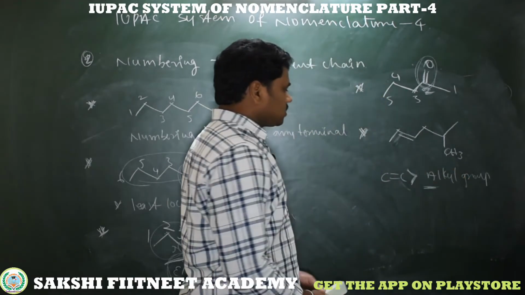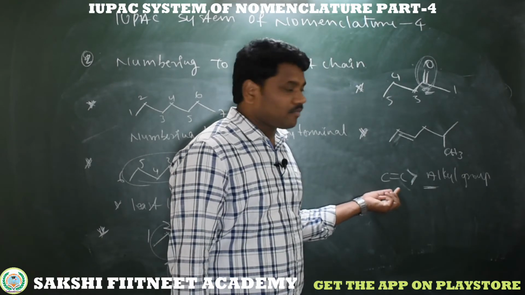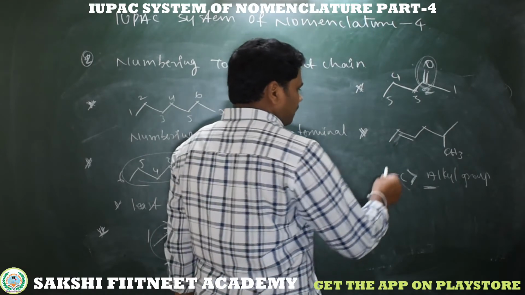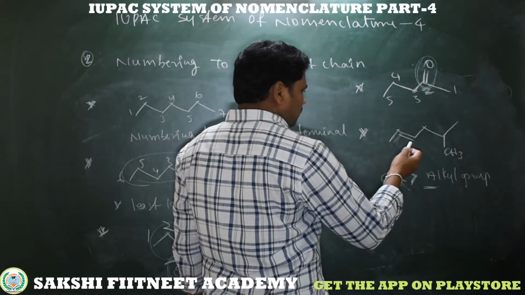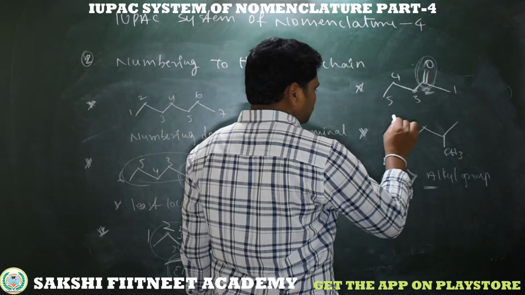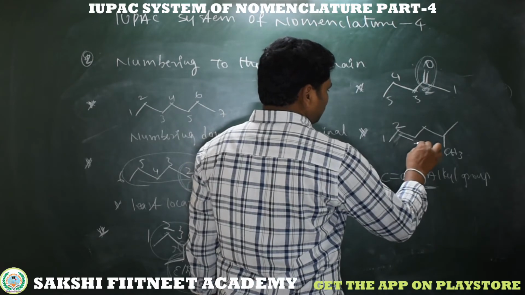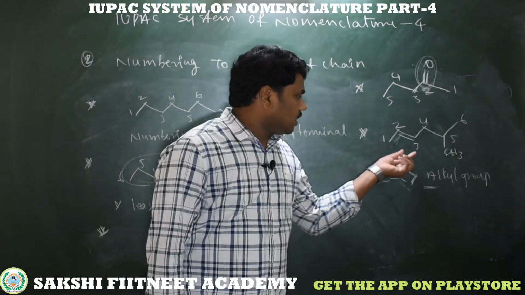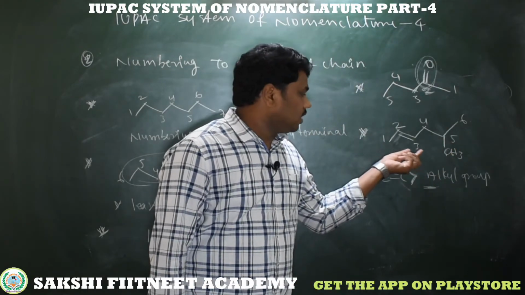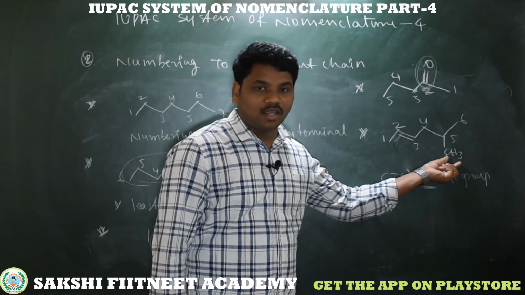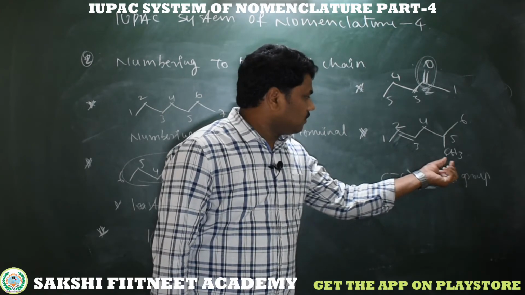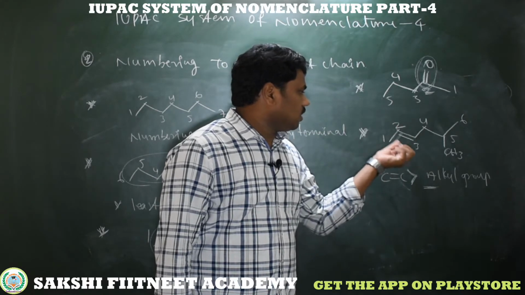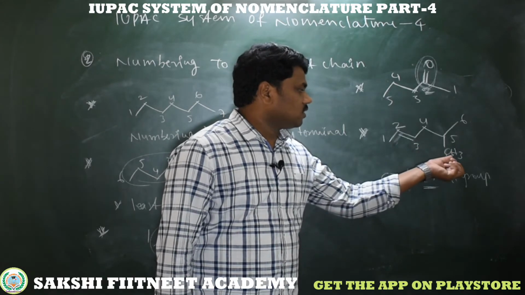So we need to consider this unsaturation first, then go to the alkyl group. So in this case, I need to take the numbering from left to right. This is the first carbon, second carbon, third, fourth, fifth, sixth, because here unsaturation has more priority compared to the alkyl group. That's why we are giving numbering from this left side. First we need to give a lower number to the unsaturation, then go to the alkyl group.